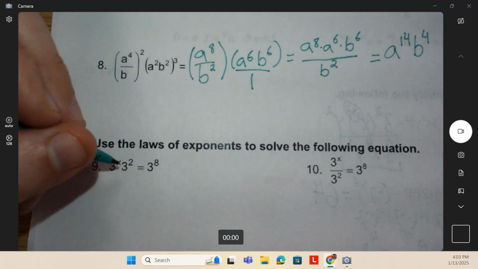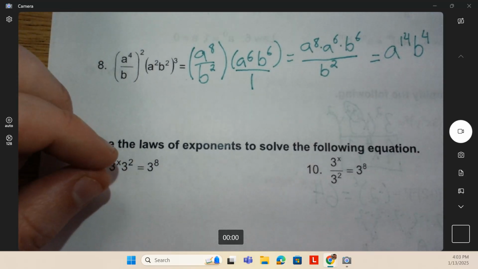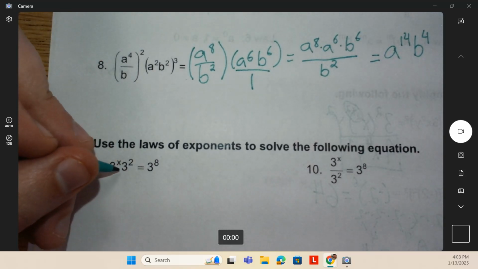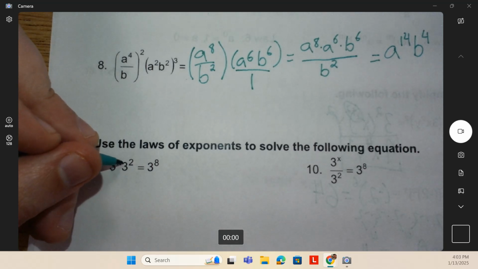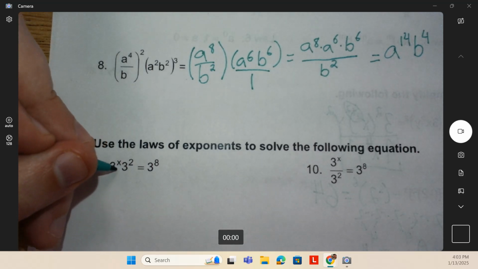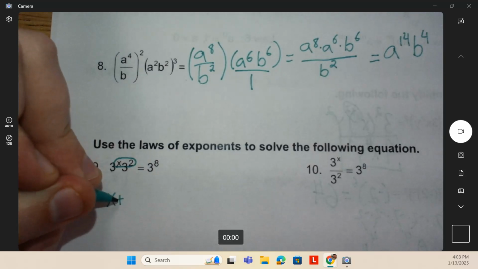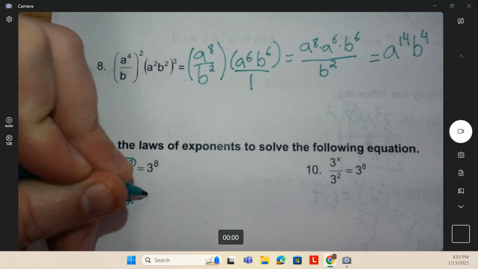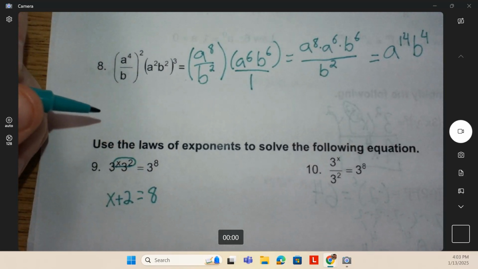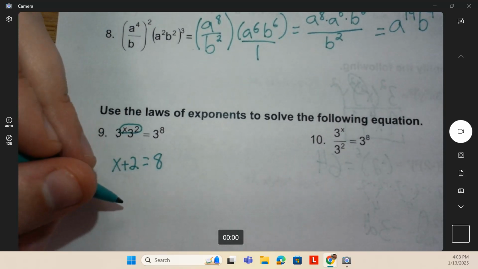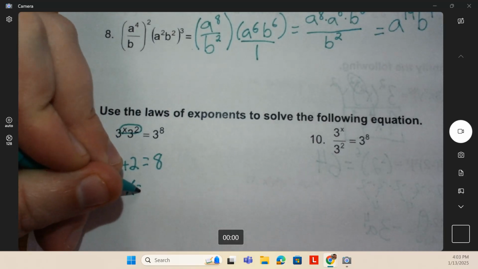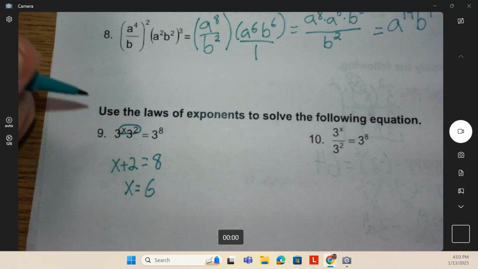So what I can do then is zoom into those exponents. And since these are multiplied, that means the exponents will add. So it's x plus 2, just for the exponents, equals 8. And so solving for x real quick, I subtract and get x equals 6.